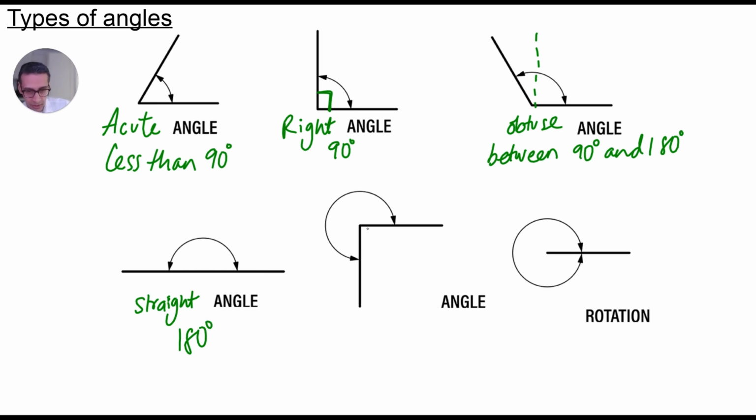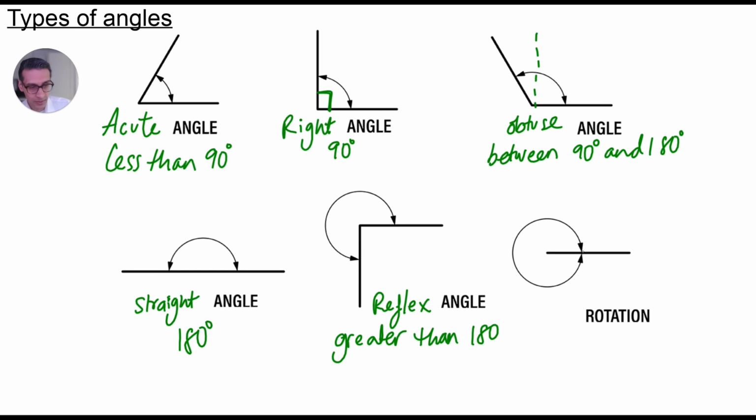The following one here, now we can see there is a right angle here, but this is referring to the outside part. So the outside part would be a reflex angle. And a reflex angle is greater than 180 degrees. So anything greater than 180 degrees.